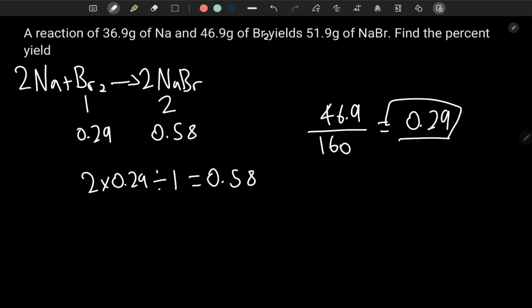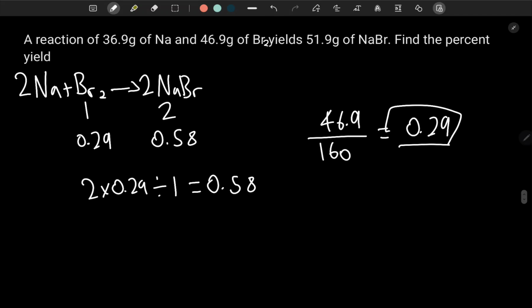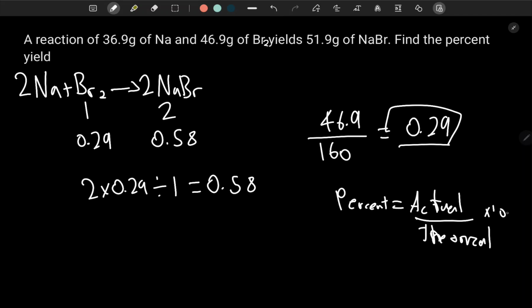And now again, the percentage yield formula was: percentage is equal to actual over theoretical times 100.